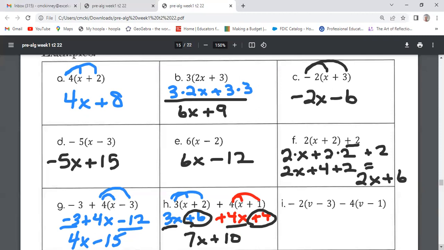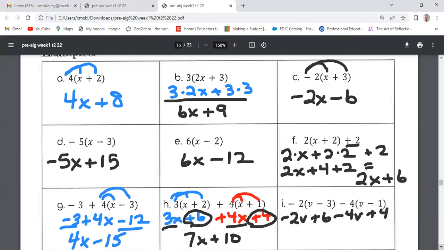Here we go. So I need to multiply by -2. So that makes this -2v. And then -2 times -3 is plus 6. And then it's -4 times v, so -4v. And -4 times -1 is plus 4.